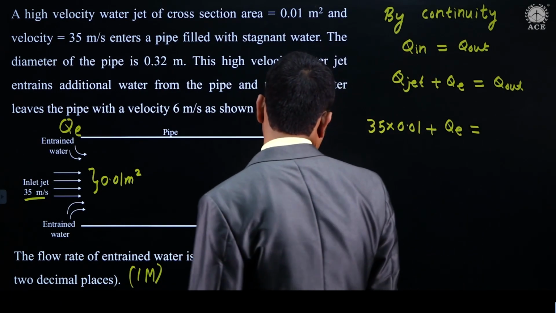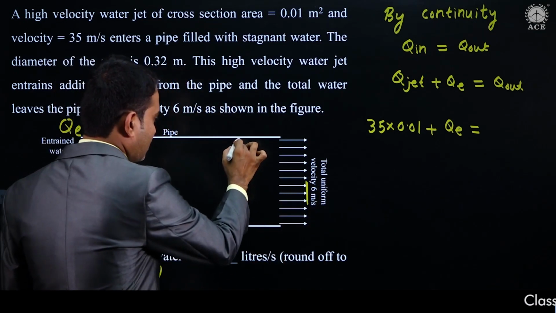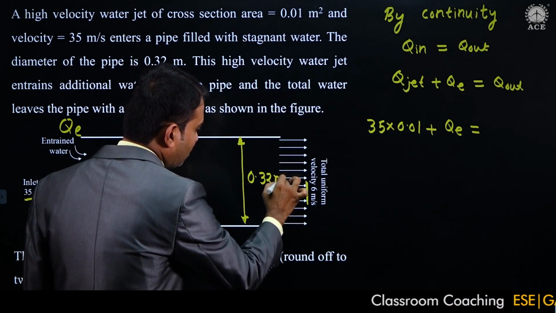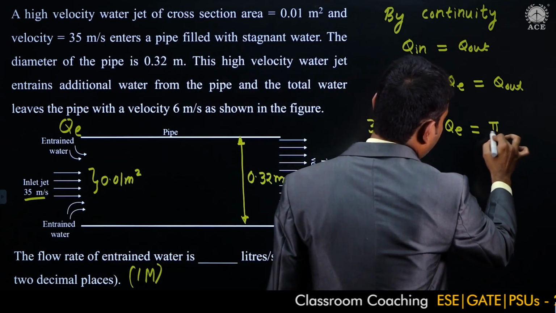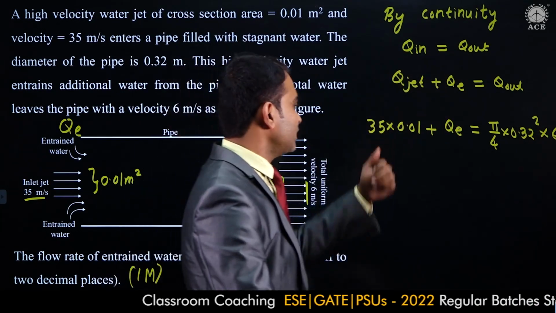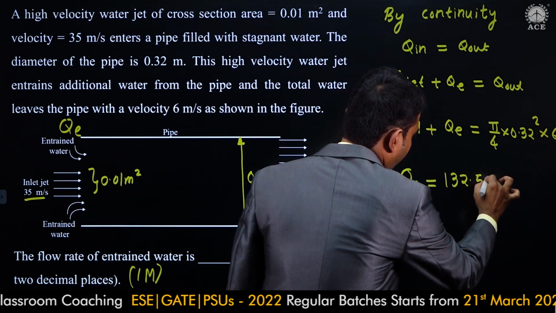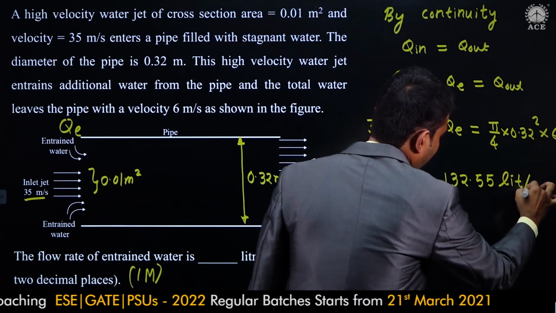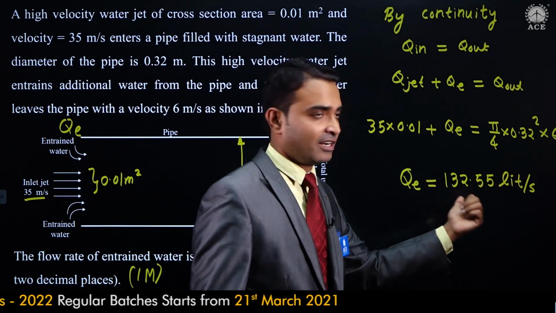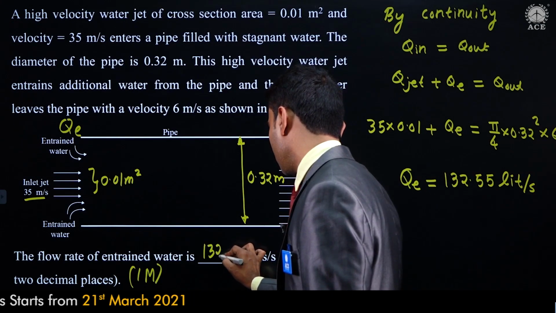Q out is equal to exit velocity of water, which is given as 6, into area. Here area is not given, instead diameter is given, which is 0.32 meter. So pi by 4 into 0.32 square into 6. If you do this calculation properly, you will get QE equal to 132.55 liter per second. Okay. So you will actually get 0.13255 meter cube per second, so you have to convert that into liter per second. Don't forget that. Here you have to round up to 2 decimal places, so 132.55.